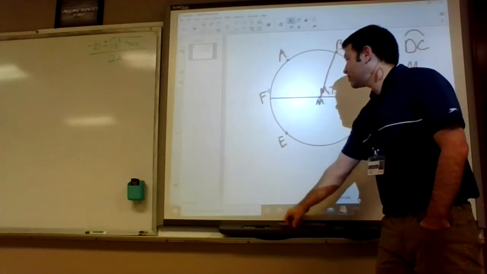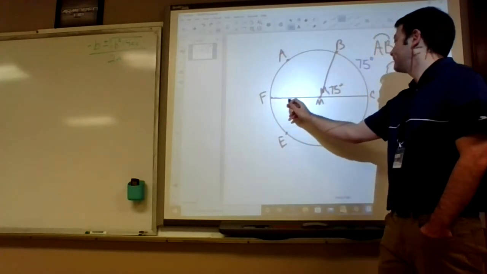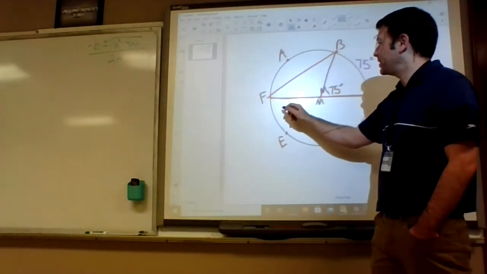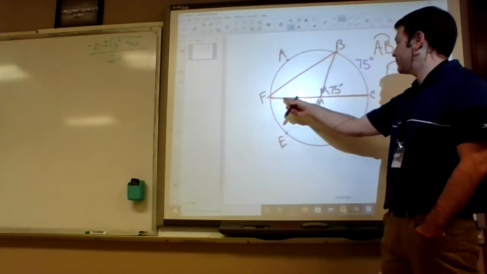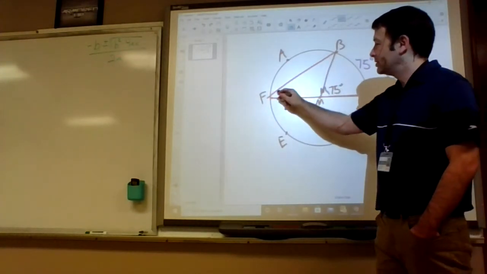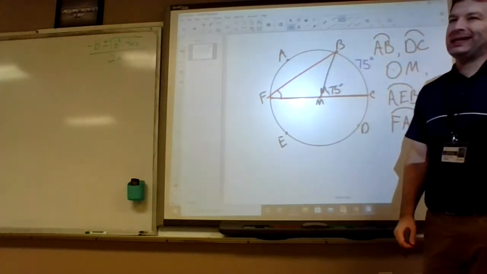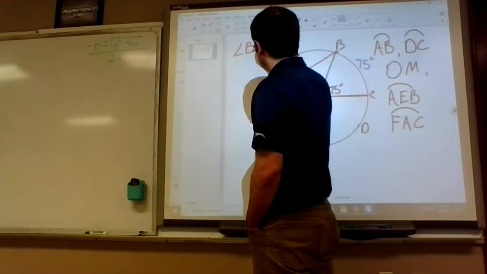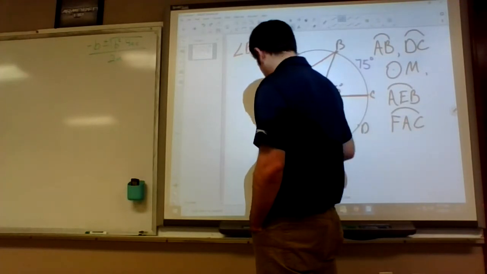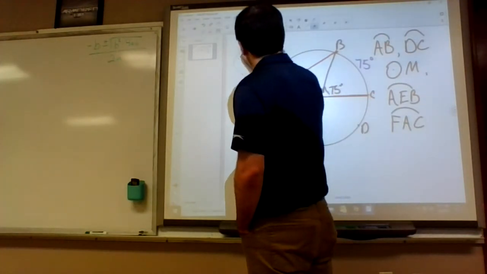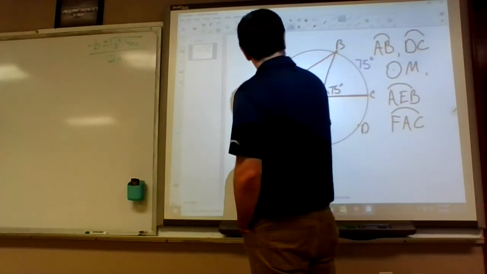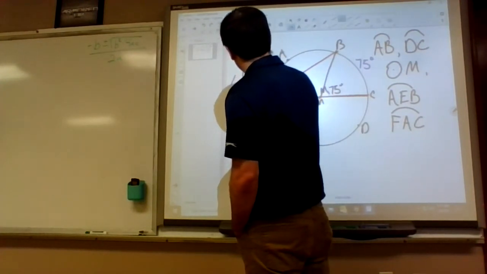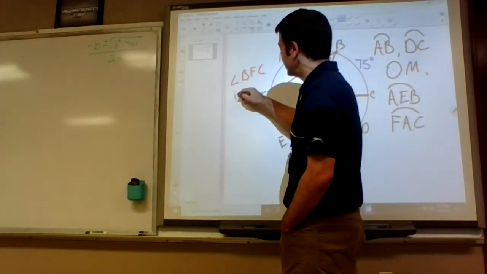Let's see if I can draw a good one here. Okay. This angle down here, angle BFC, is called an inscribed angle. Whoops, BBC. British Broadcasting Channel. Angle BFC is called an inscribed angle.